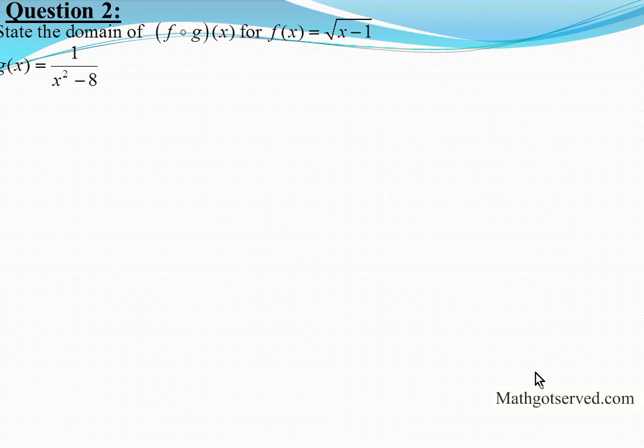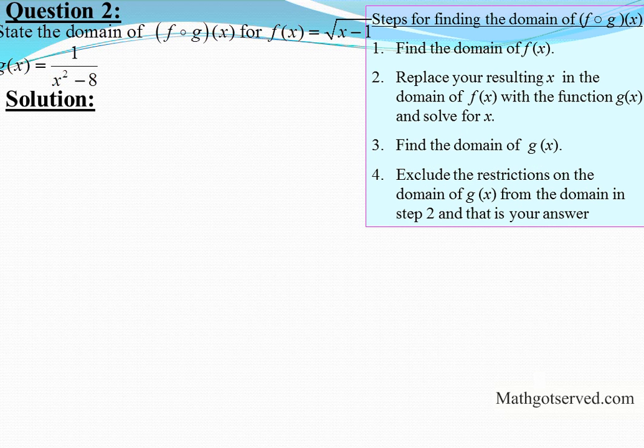Okay, so I'm going to provide the steps on the right side for your reference again. So let's start with step 1. Step 1 is we're going to look for the domain of f. We know that we have a radical function, so the radicand has to be greater than or equal to 0.